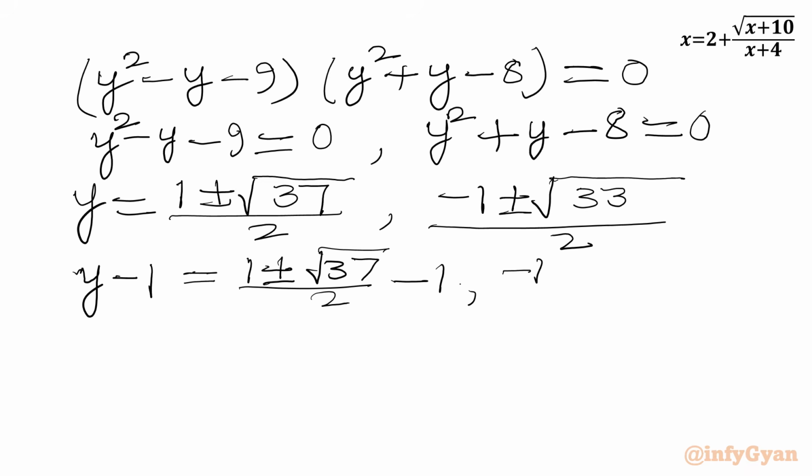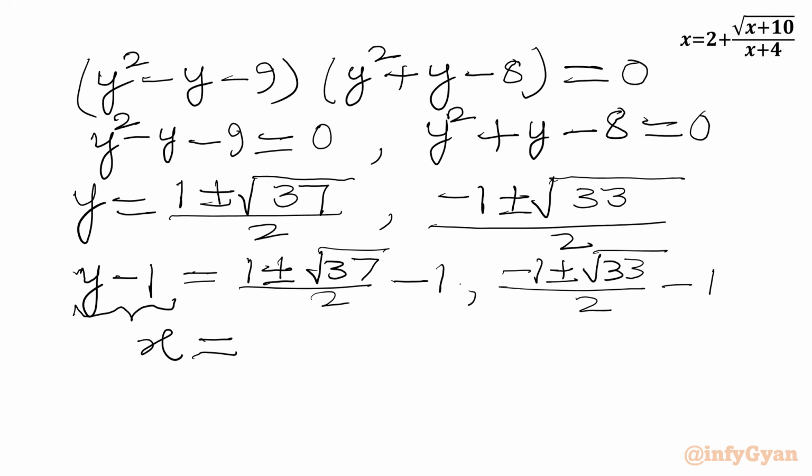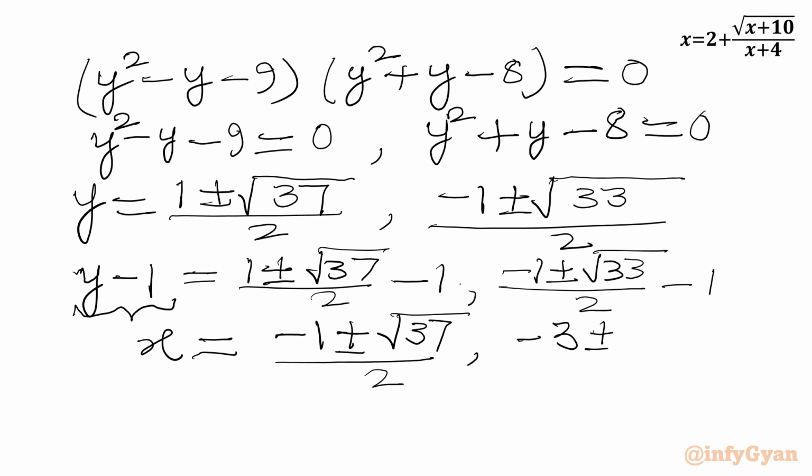Then we have minus 1 plus minus square root of 33 over 2 minus 1. Now y minus 1 is x. So we'll write here x equal to 1 minus 2, so minus 1 plus minus square root 37 over 2. And here minus 1 minus 2, minus 3 plus minus square root of 33 over 2.